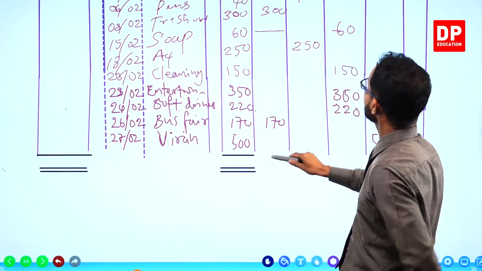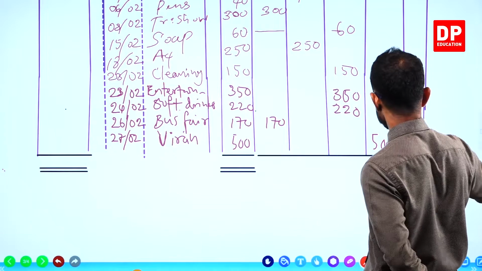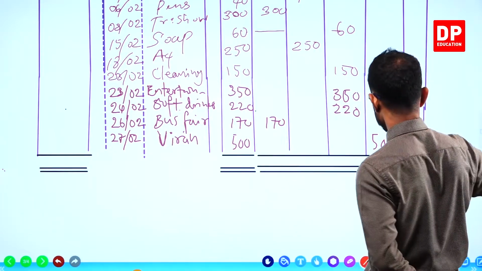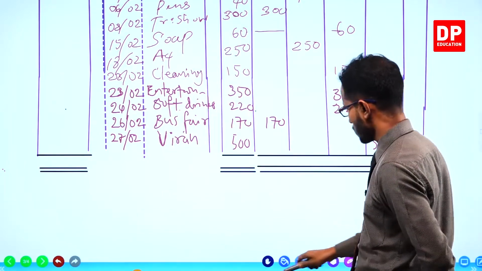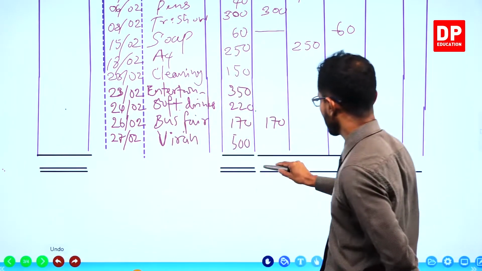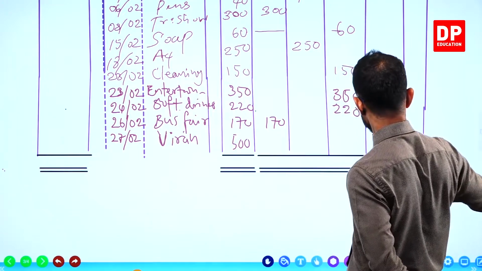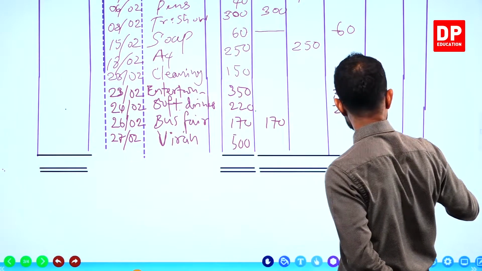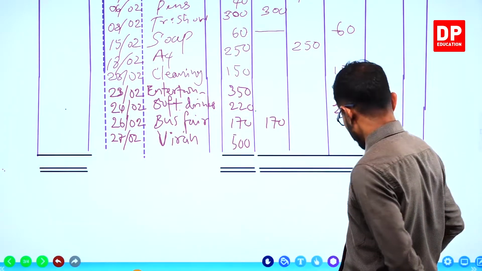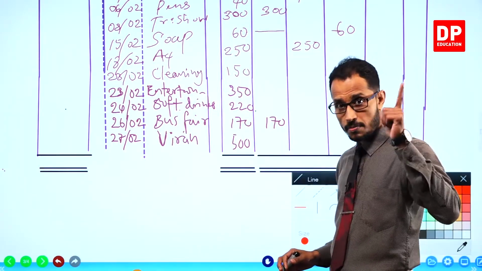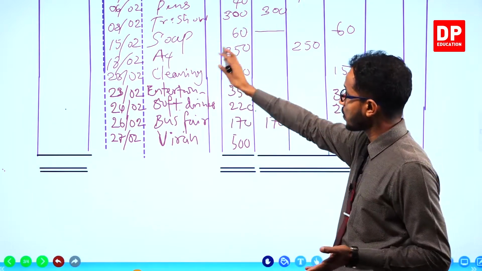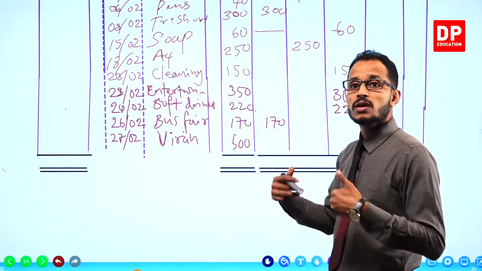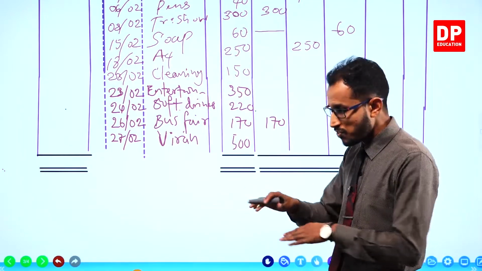All right, and for the analysis columns, we need to sum up. Children, you remember that I have not recorded the voucher numbers, sometimes not the dates, but I'm just trying to rush on to finish this question.